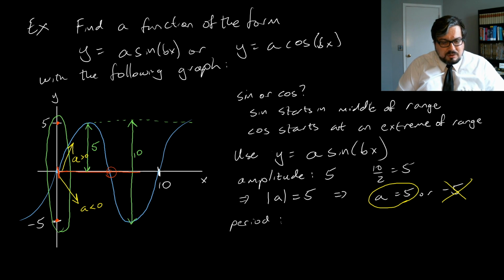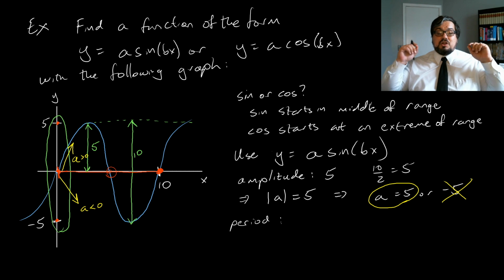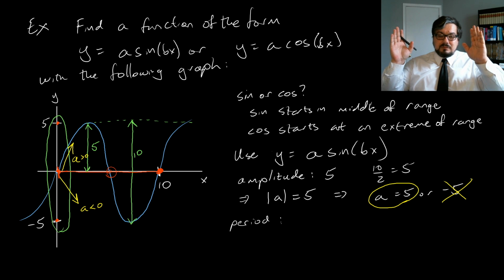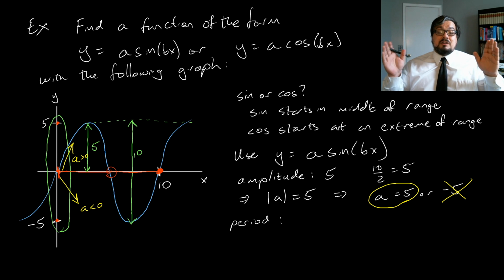So we continue looking, and we get over here. Now notice that at both x equals 0 and x equals 10, the graph is on the x-axis and headed up. That's an indication that that's where the function has started repeating itself.